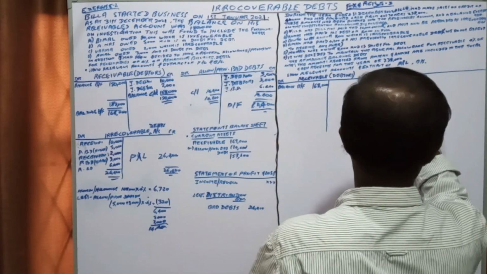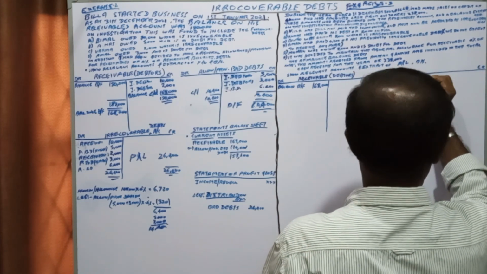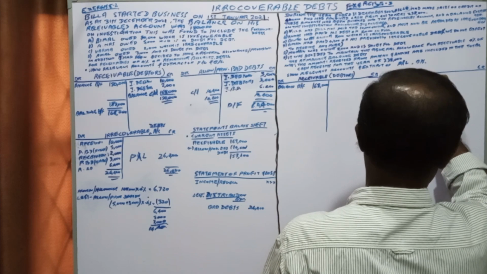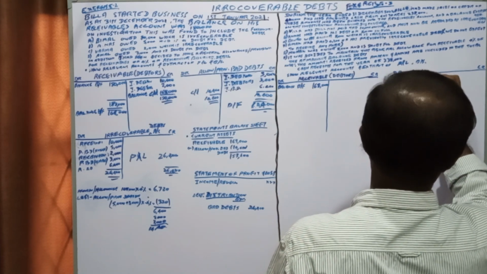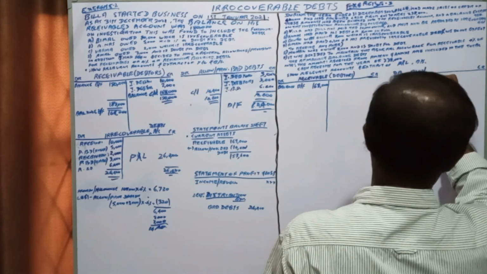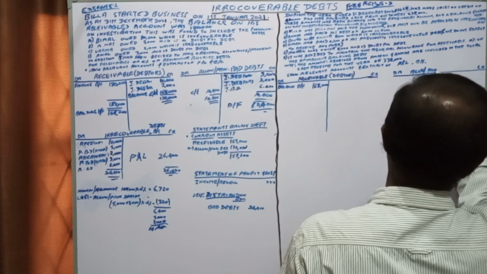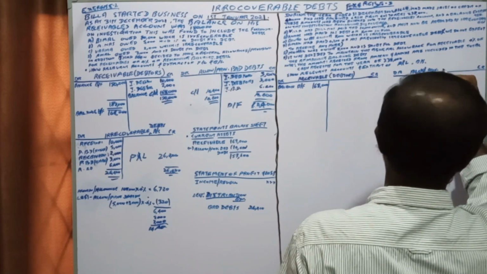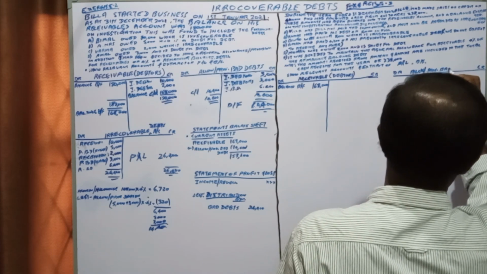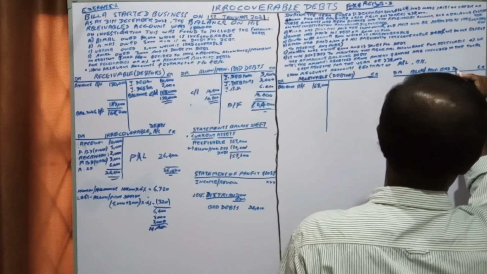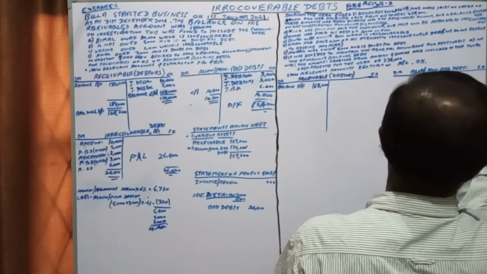This is DR, this is CR, and allowance, allowance for provision for bad debts, right?